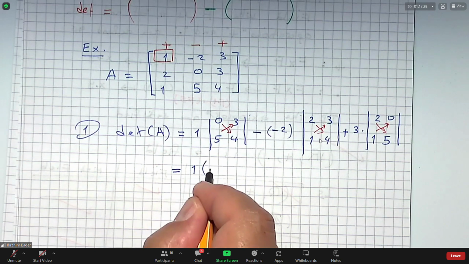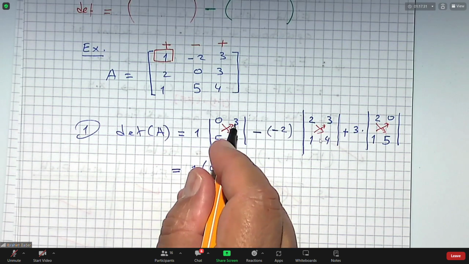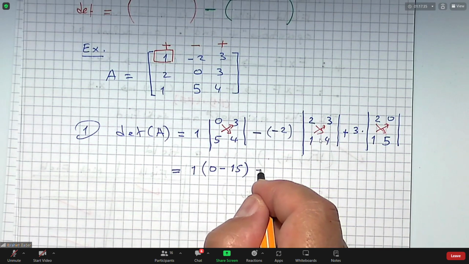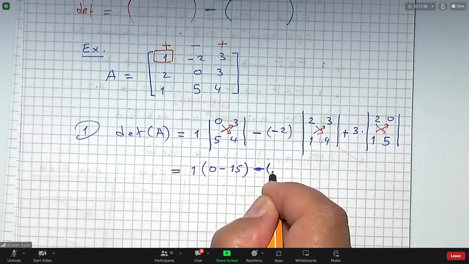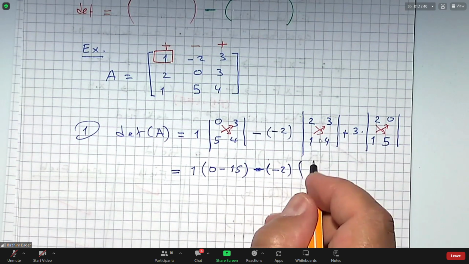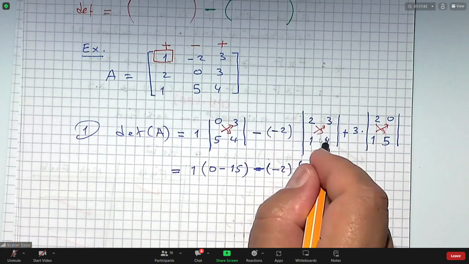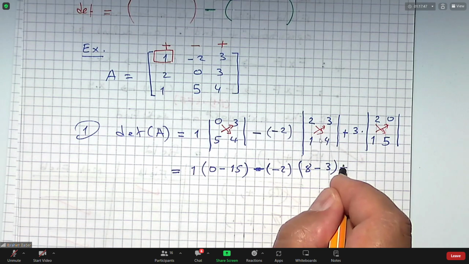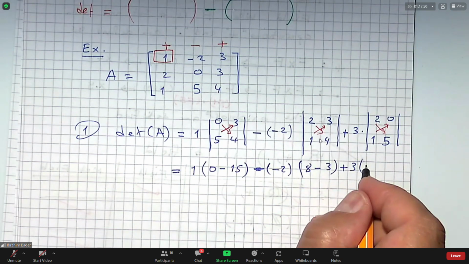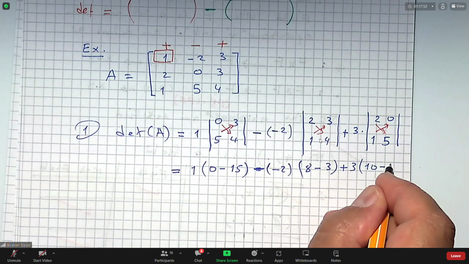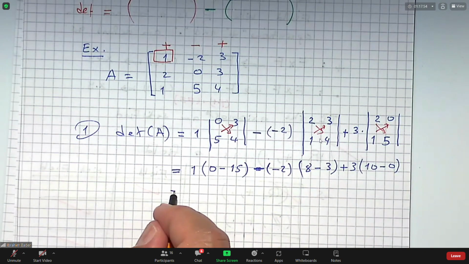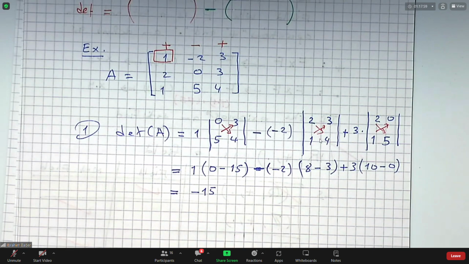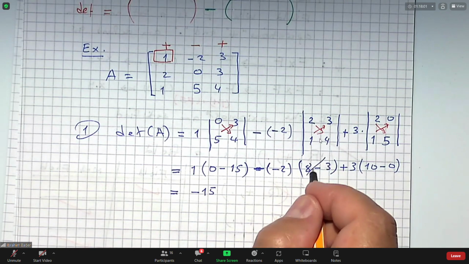So 1 times 0 minus 5 times 3, that's minus 15. 2 times 4 is 8. So here again, negative, and this is -2 times 8, 2 times 4, minus 3 times 1, which is 3, plus 3 times 10, 2 times 5, minus 0. And this is equal to minus 15. So here it has too many negatives, so this will give me 5.